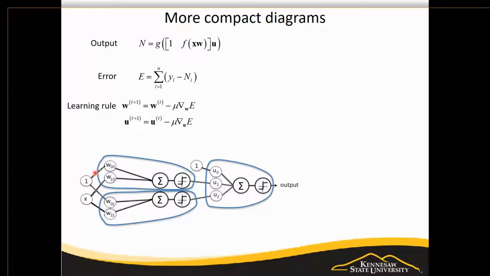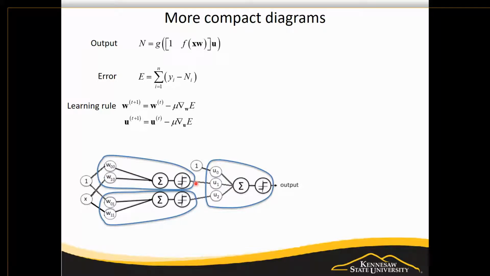The lines crossing into here are the inputs into this node, and each one of those inputs has a particular weight. They get summed together, and they have their transfer function applied to it, and then there's an output. So this thing here is considered one node, where it has a certain number of inputs and one output.